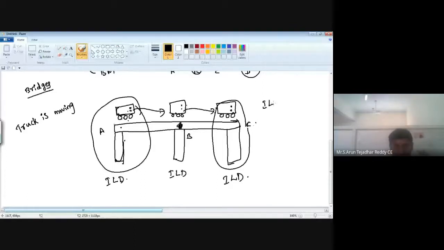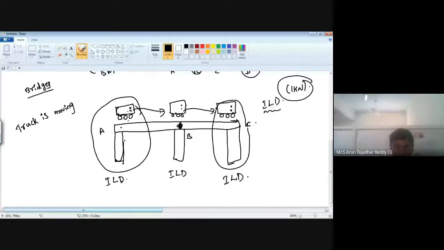First, identify the influence line diagram with the unit load of 1 kilonewton. I'll explain later how we should take that 1 kilonewton load.